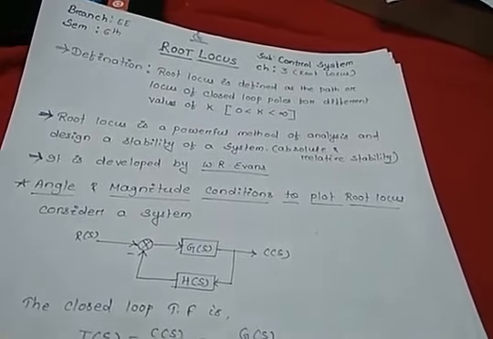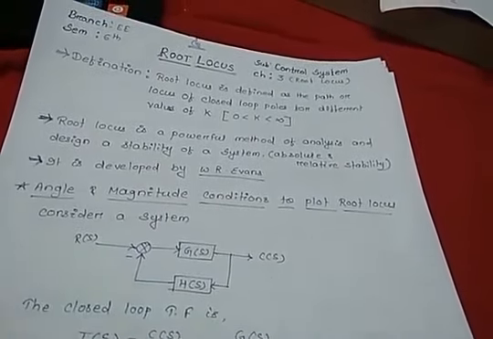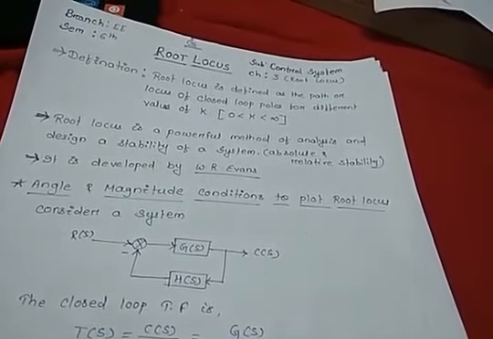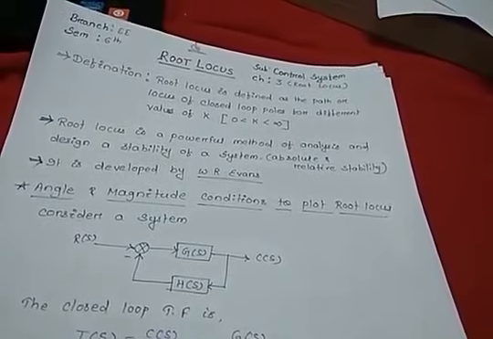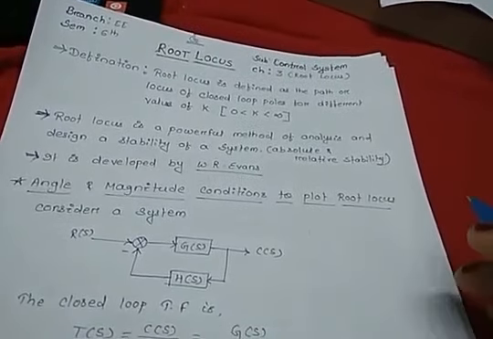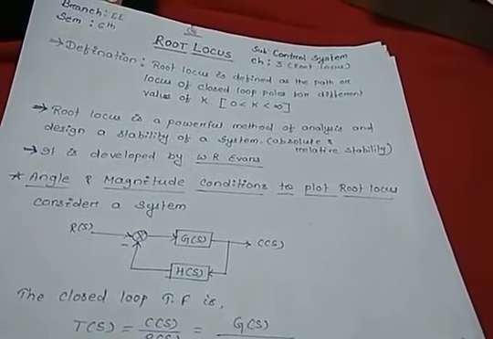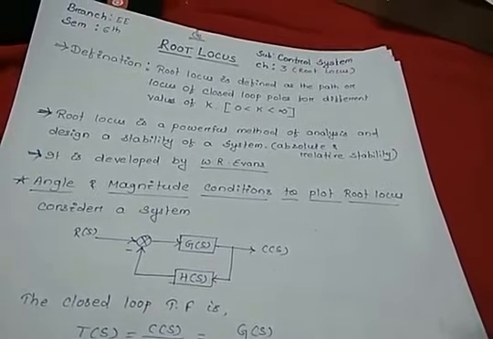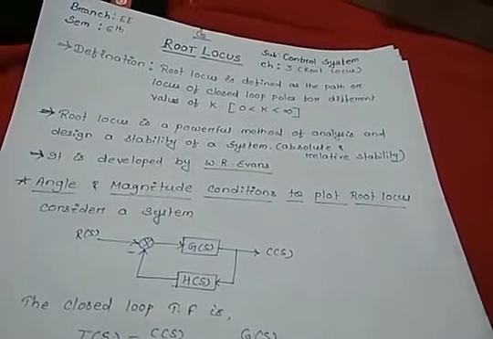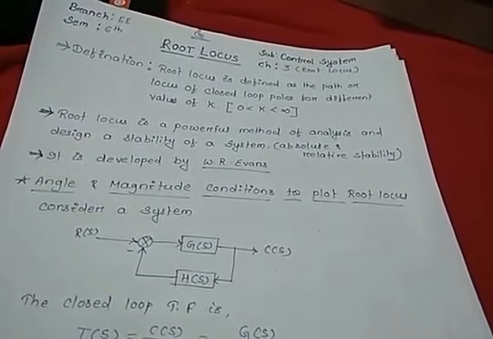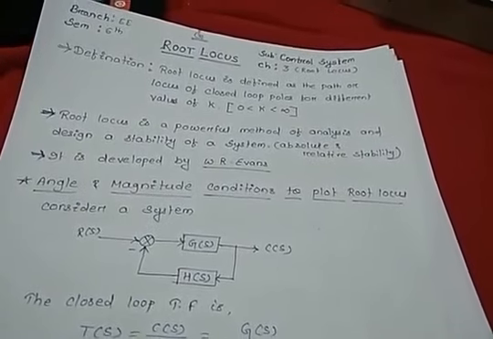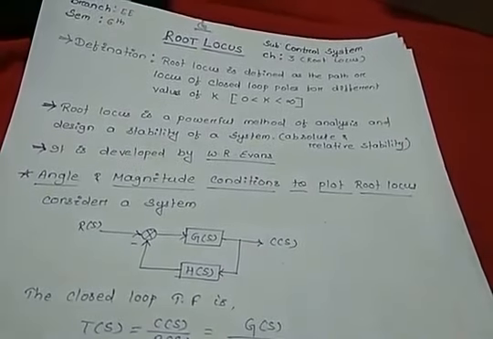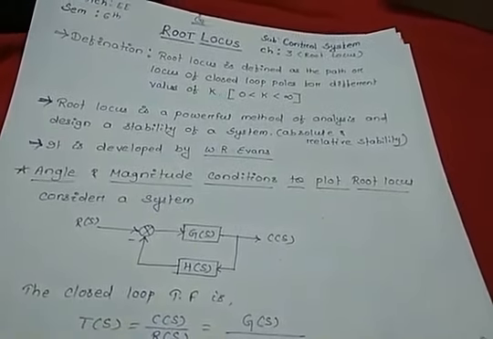That means by varying the gain K and shifting the pole and zero locations, we can get the response to meet the system performance specification. To reach better performance, we can shift the pole and adjust the gain. It was developed by W.R. Evans in the year 1948.